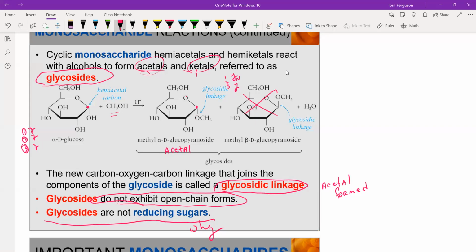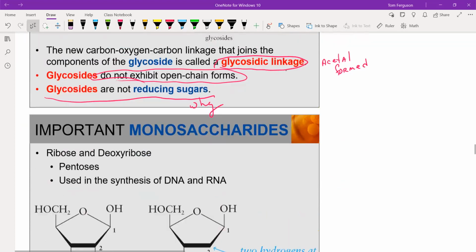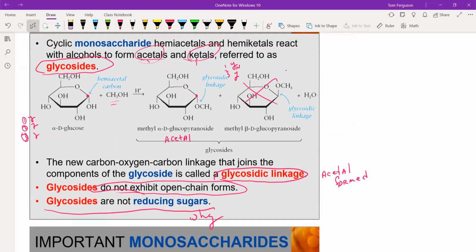Okay, acetals don't open up also once they form the glycosidic linkage. Okay, so let's. Does that mean they can't be oxidized after becoming an acetal? It's hard to understand you. Say again. They can't be oxidized after becoming an acetal.